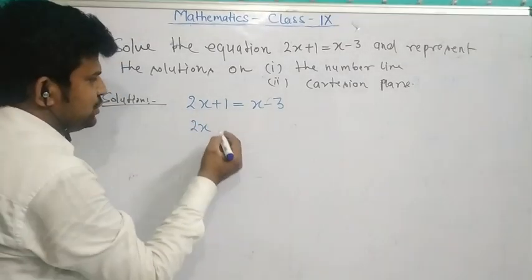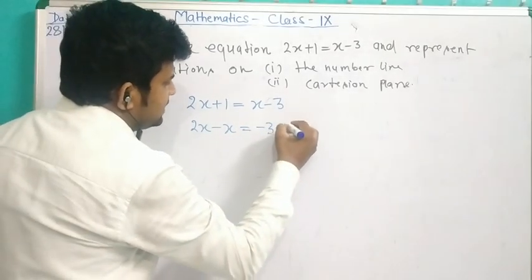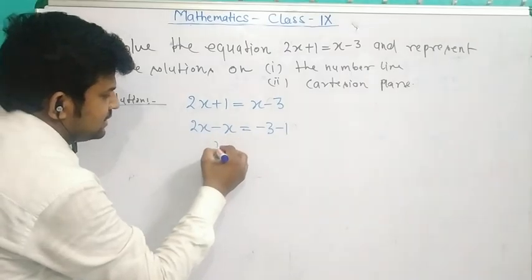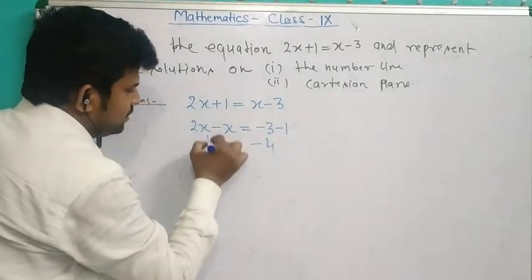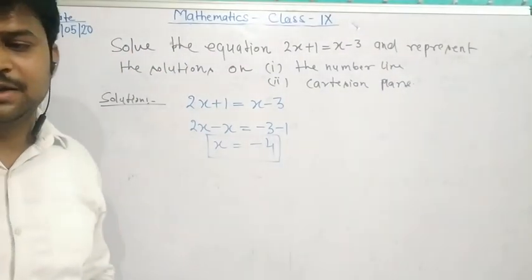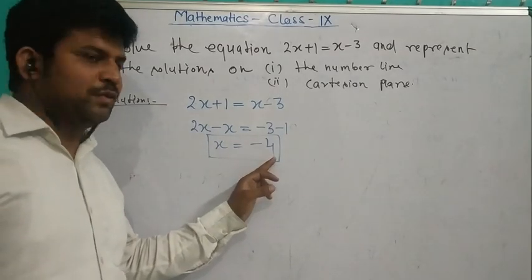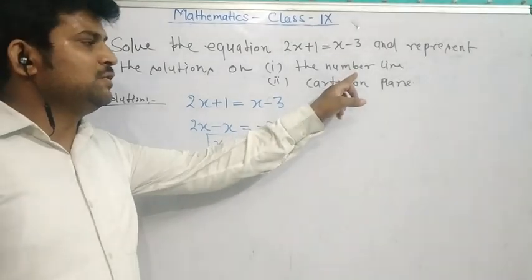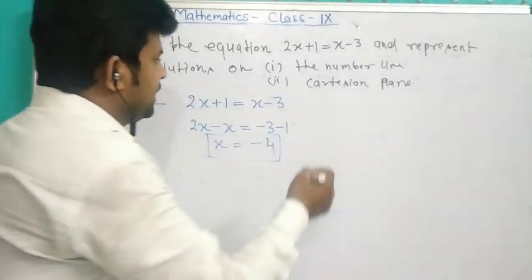We apply the transposition method: 2x - x = -3 - 1, which on the right side gives -4. So 2x - x = x, and x = -4. When we get x = -4, we represent -4 first on the number line and second on the Cartesian plane.